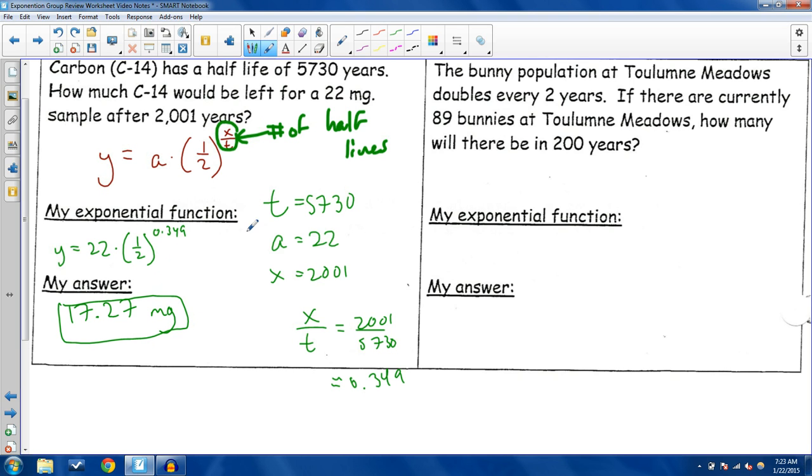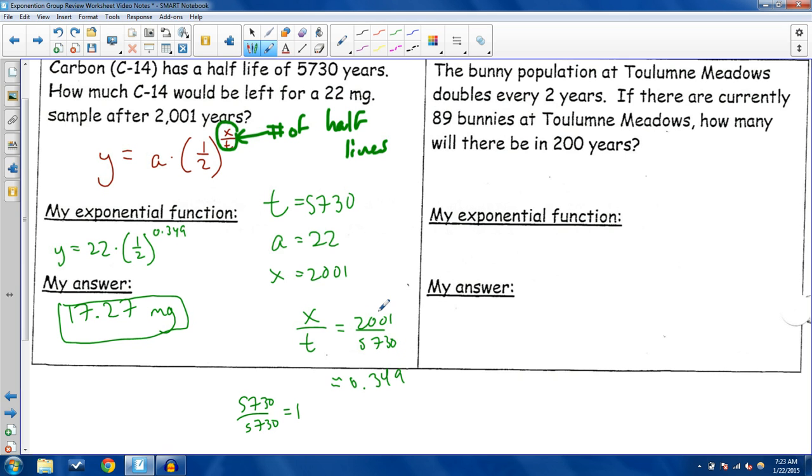Okay. I want you to, once again, keep in mind, if x became 5730, I'd have 5730 over 5730, which is 1. I would be raising this to the first power. 1/2 to the first power is 1/2, and 1/2 of 22 is 11. So when x becomes some multiple of t, that'll say how many half-lives it's undergone.